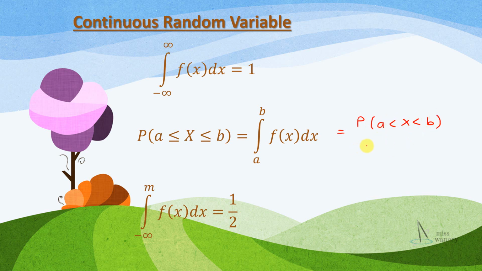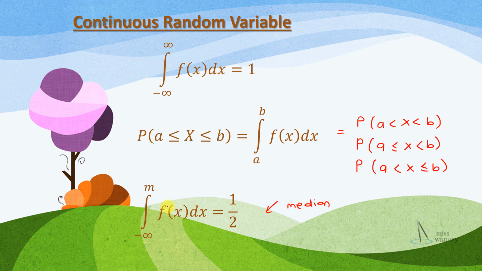Or you can put the equal sign at a, so a less than or equal to x less than b. Or you can put the equal sign at b, so a less than x less than or equal to b. So whether you have the equal sign or not, it will become the same probability.